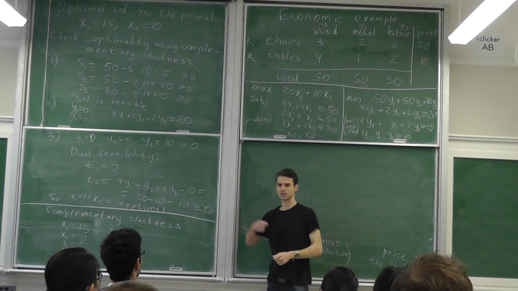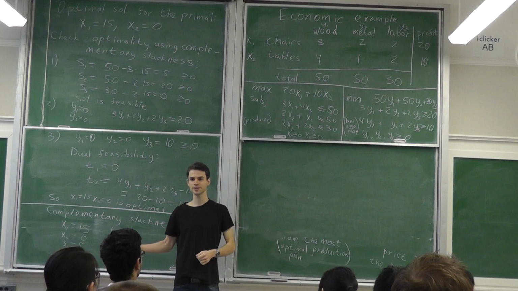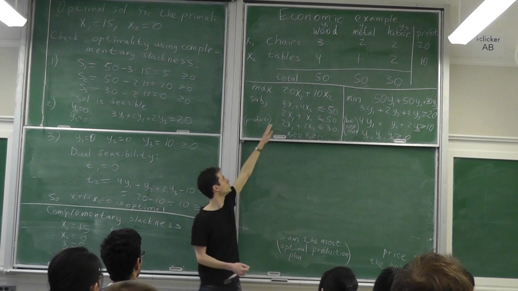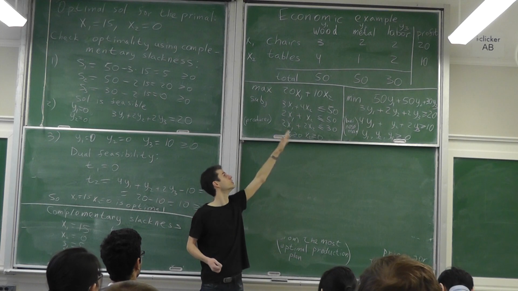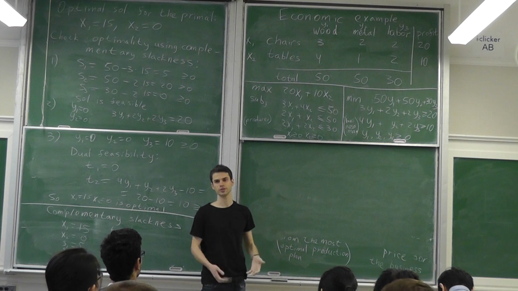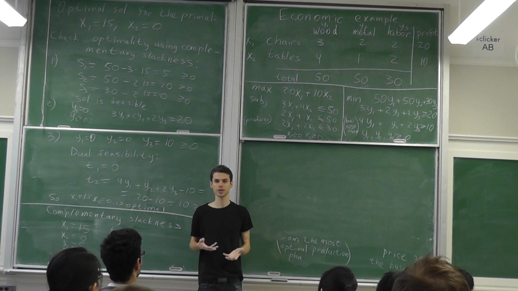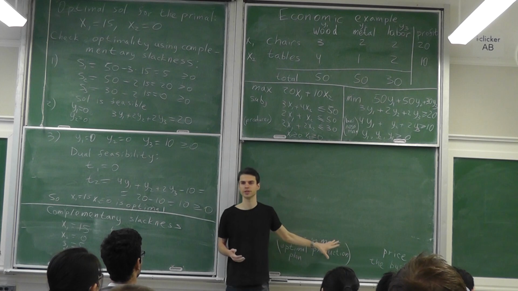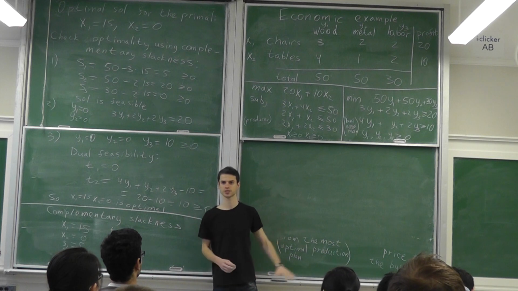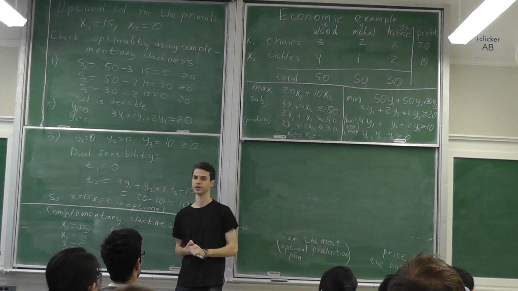Because if he suggests paying 25, and later he wants to get profit from the actual wood, metal, and labor, he'll convert it to a chair, he'll only get 20. So he lost $5 on such a transaction. But we know that he's not going to lose money. There are no transaction costs. That's the strong duality theorem.